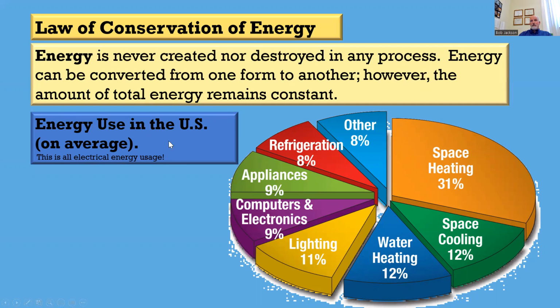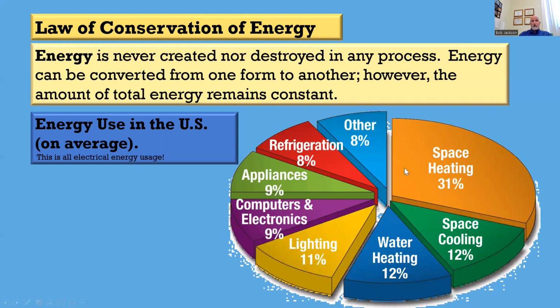So energy use in the US is one of the more important things to understand, and what items use the most energy around us. That's typically heating and cooling, and even water heaters. Those are the biggest consumers of electricity that we know in our households.